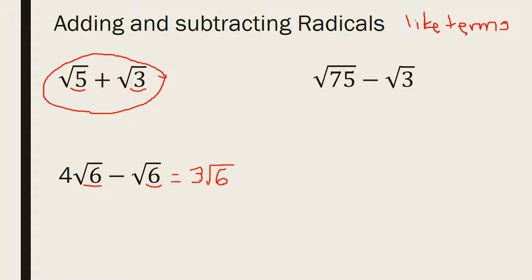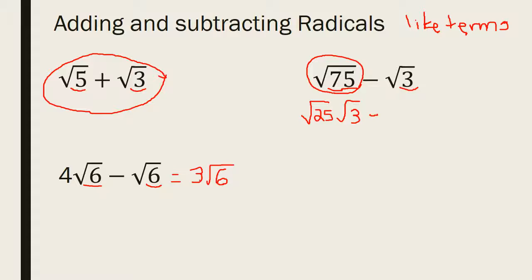Okay, we have radical 75 minus radical 3. Again, if we look here, we'll find out that we have two different radicands, but at the same time, this radical can be simplified. Square root of 75 can be simplified. So let's simplify this radical and find out if we're going to end up with like radicands. Radical 75, as we learned before, is going to be radical 25 times radical 3.